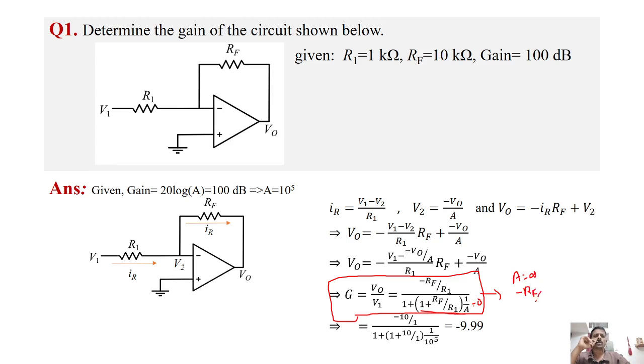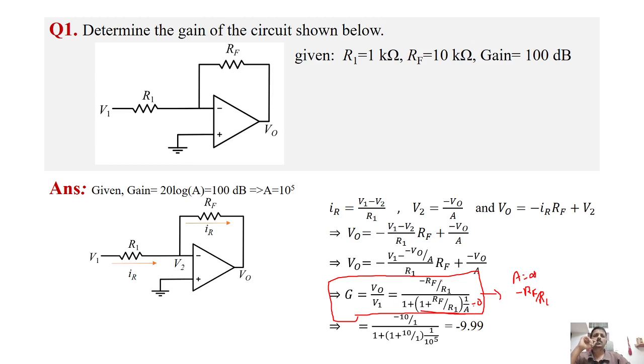That is what we did earlier in week 1 when we assumed the op amp as ideal. For an inverting amplifier, the gain should have been minus Rf by R1. But here, since the gain is not infinity, the gain will be in this format, minus Rf by R1 by 1 plus Rf by R1 into 1 by A.